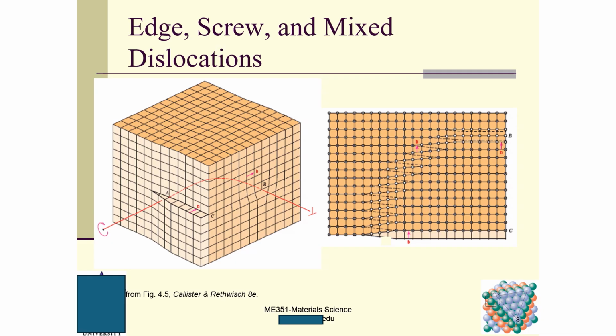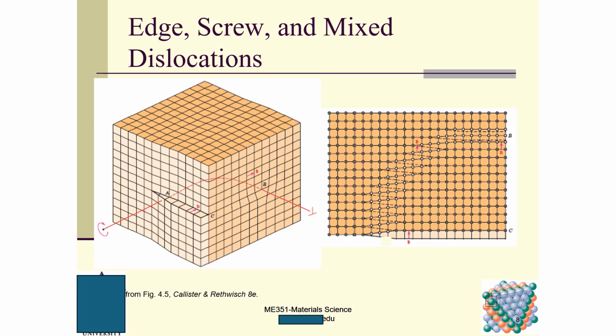Edge, screw and mixed dislocations. In practice, in reality, we do not only have edge dislocations in one case or screw dislocations in another. On the contrary, we usually have mixed dislocations. That means we have both edge dislocation and screw dislocation, in almost all of these physical phenomena.